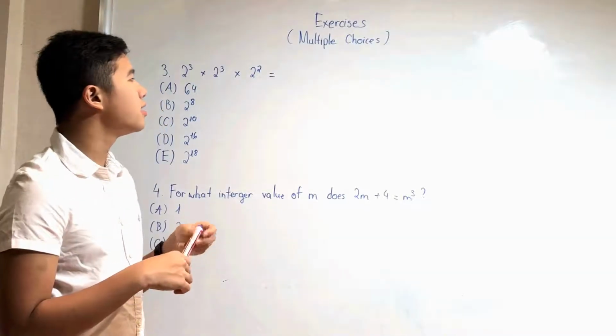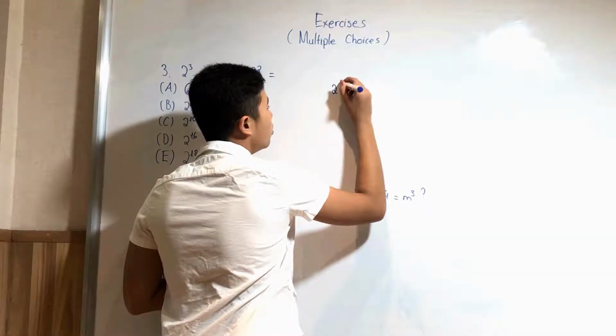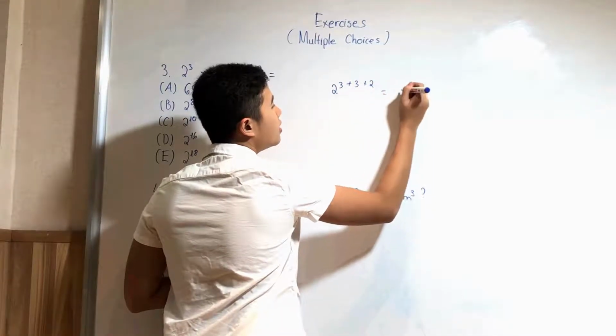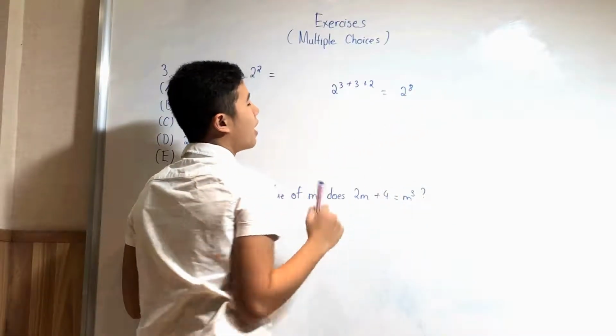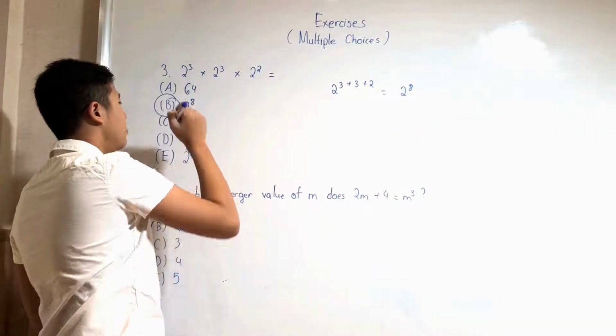So the answer here is 2 to the power of 8, and the answer will be letter B.